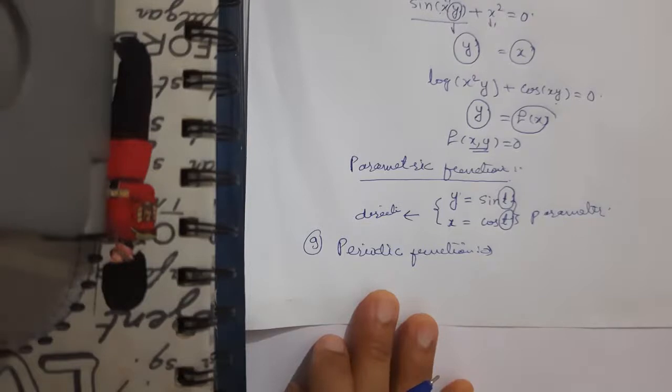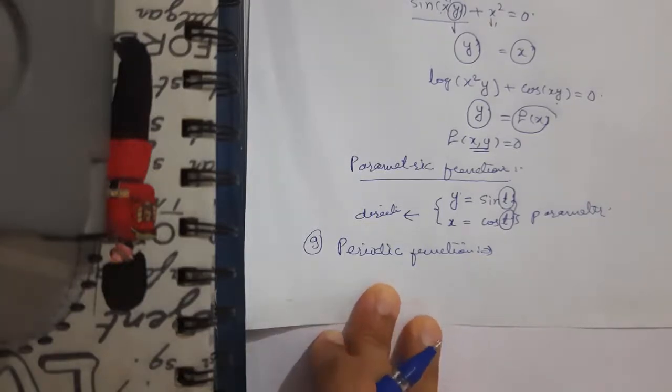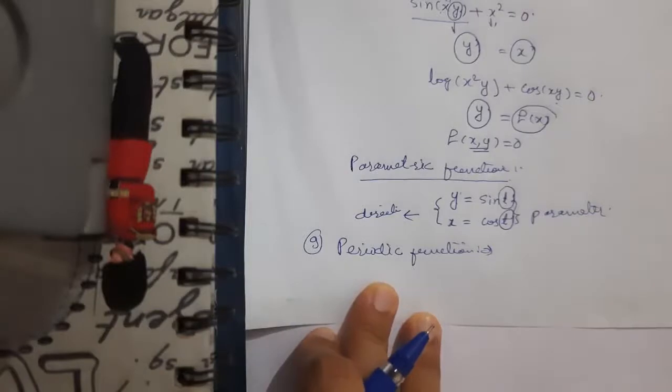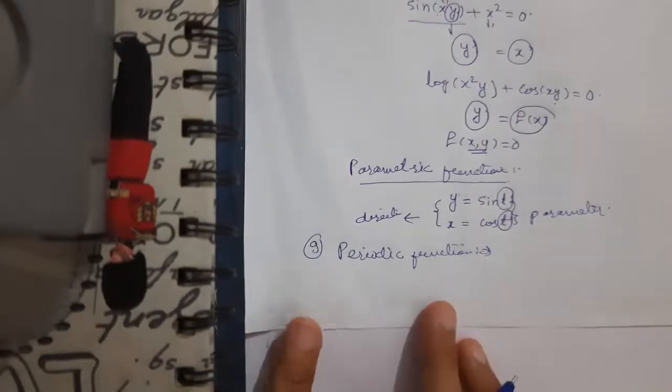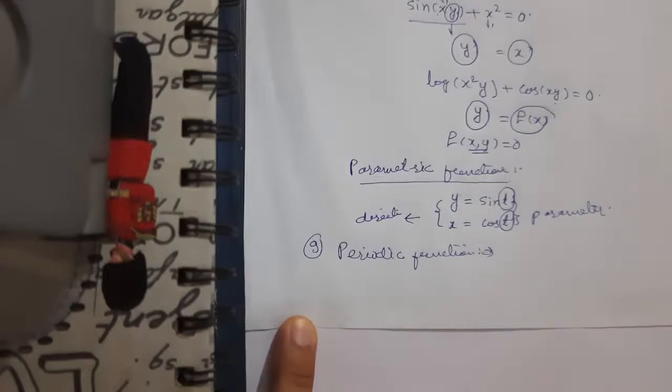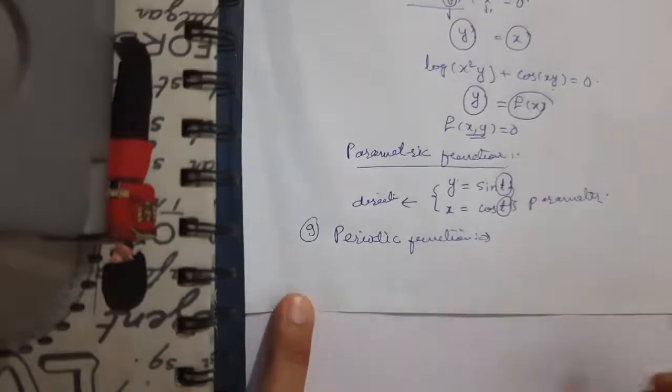Every time at 6 o'clock or 5 o'clock you see the sunrise and you see the sunset in the evening at 7 o'clock or 7:15. Somehow it repeats, like every year in a specific month the timings are the same. So these kinds of functions are called periodic functions.